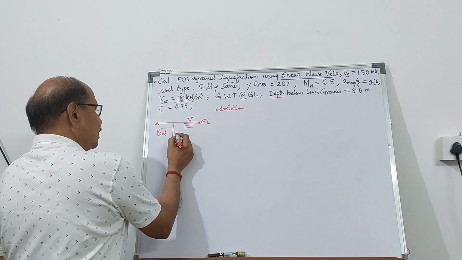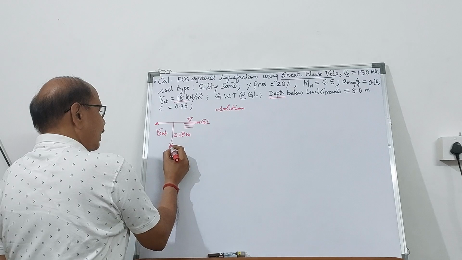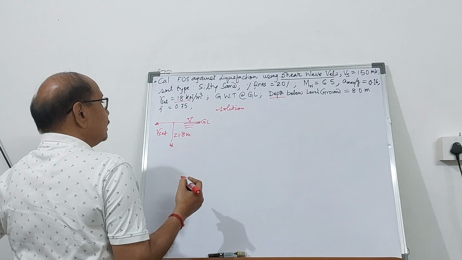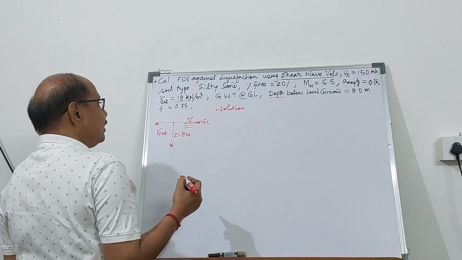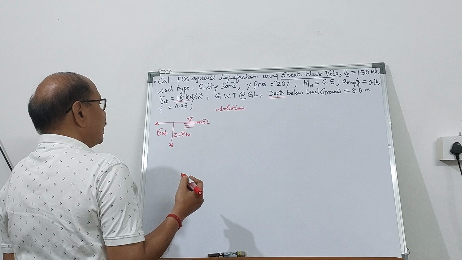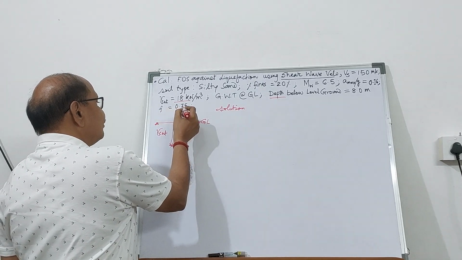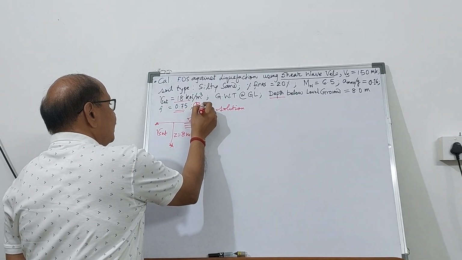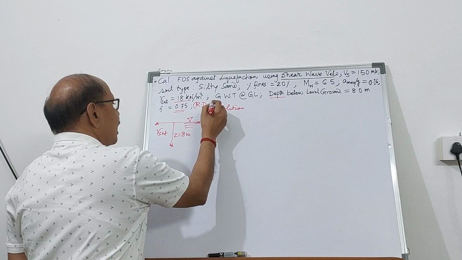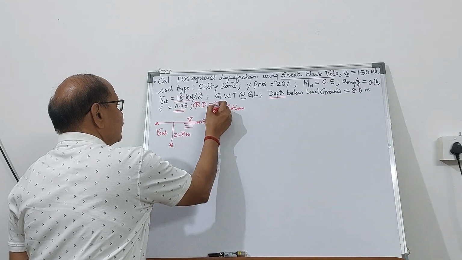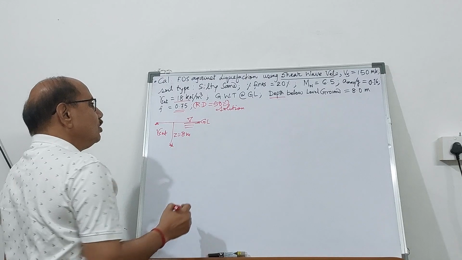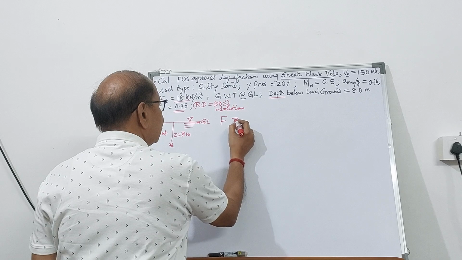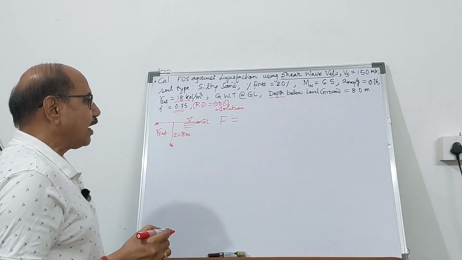So Z equal to 8 meter. We need to find out the factor of safety against liquefaction, and the index F is 0.75. The relative density of the ground is 50%.